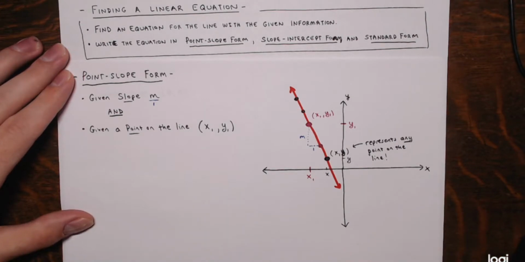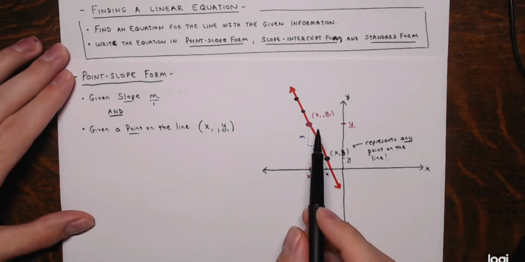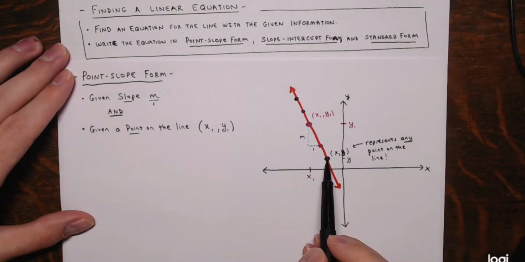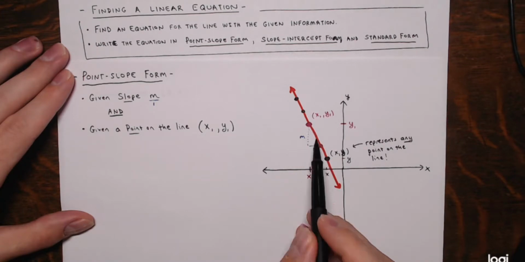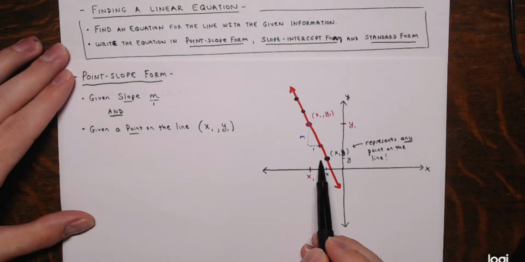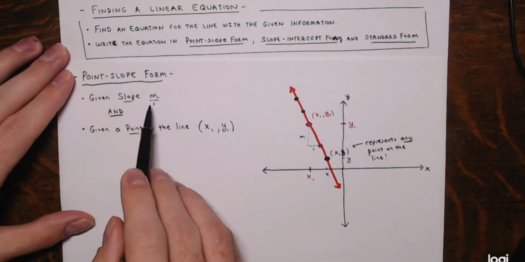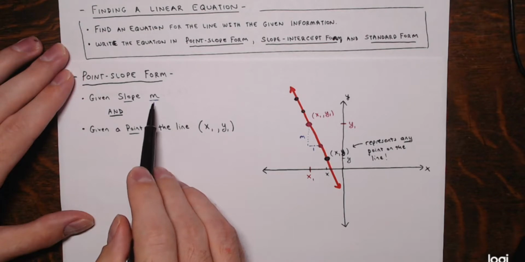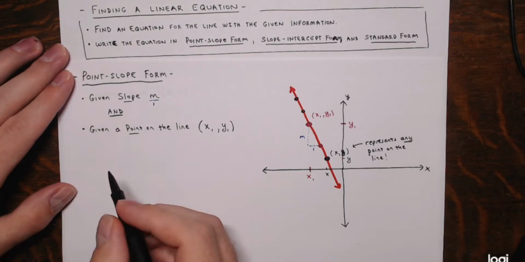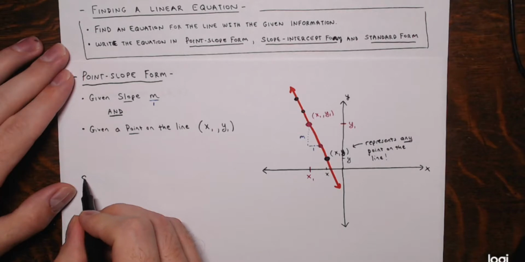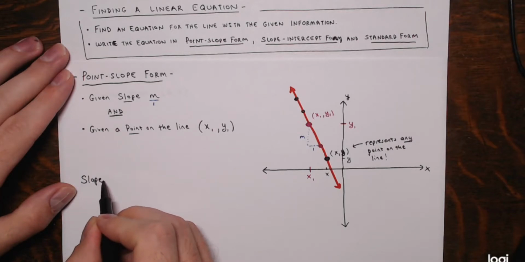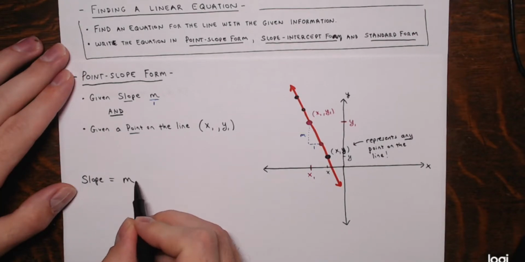Well, if you remember that the slope, the vertical change divided by horizontal change between any 2 points, should always be the same. It's always this m. So recall the slope formula. How do you calculate slope? This lowercase m.